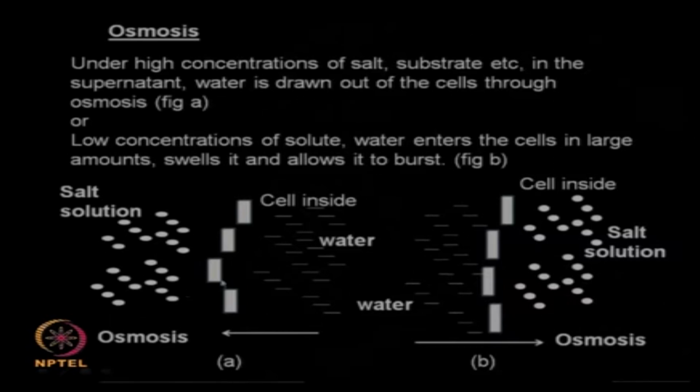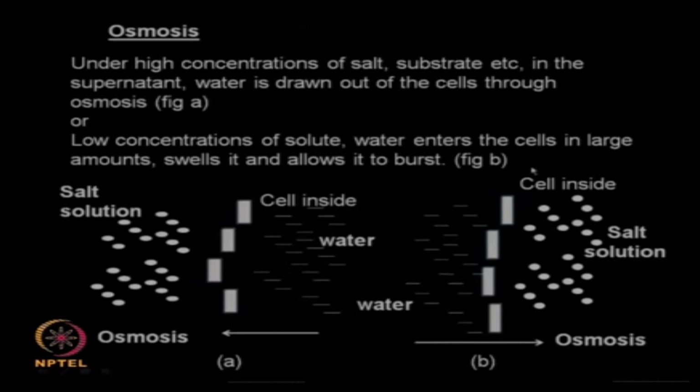So if you have this type of difference in pressure, suddenly the water will try to come out because of the pressure here, so the cells can break. That means the water is drawn out of the cells through osmosis.